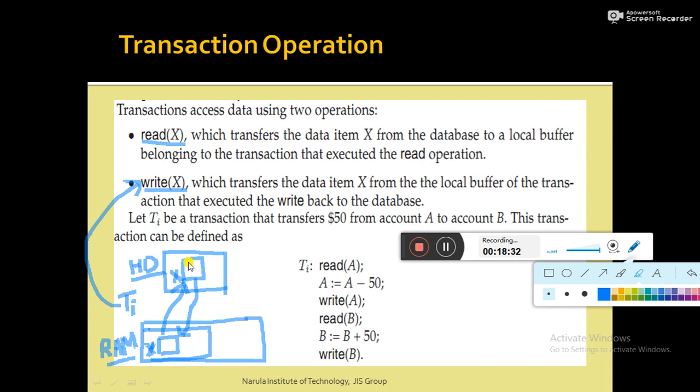So these two are the basic operations, read(X) and write(X). Again I am repeating, all modification on the data item X is performed in the RAM, not in the hard disk. Once the transaction has completed, the updated value of X is written back to the hard disk.